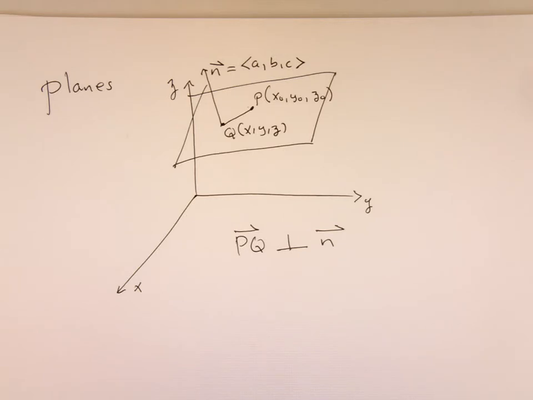All right, here we go. Here's this plane, and we got a normal vector. Now, what's true about a normal vector to a plane?